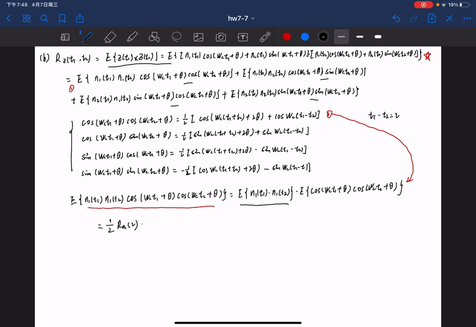it is equal to, and then multiplied by the integral from 0 to 2 pi of cosine omega_c multiplied by the sum of T1 and T2, and then plus 2 theta, and then multiplied by cosine omega_c (T1 minus T2).